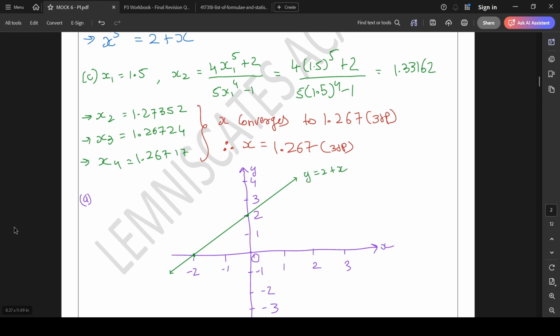Now what about the x power of 5 graph? For x power of 5, you can put minus 1. Minus 1 to the power of 5 is minus 1. And for 1 also it will be 1. Similarly, 2 to the power of 5 will be 32, and minus 2 to the power of 5 will be minus 32. So at x equal to 2, your graph will be quite high as compared to what you can see in the y-axis.